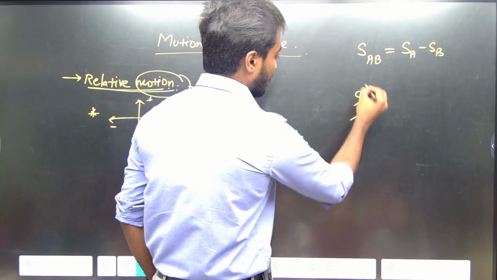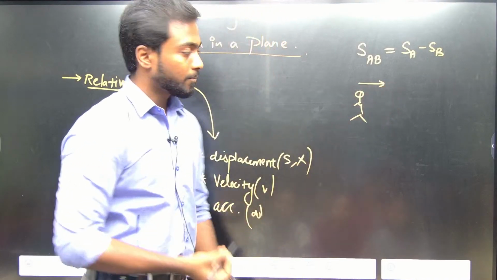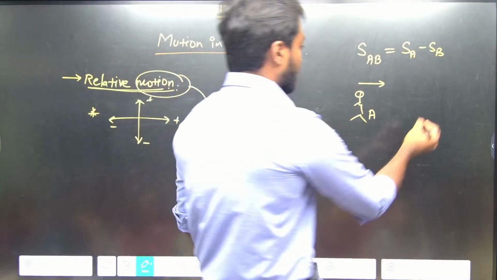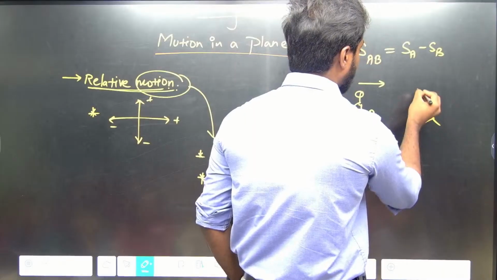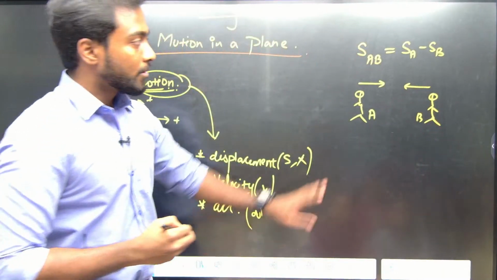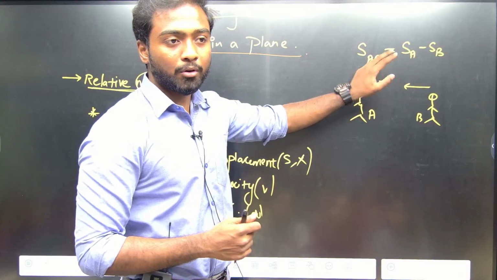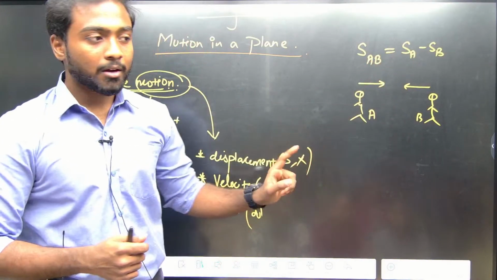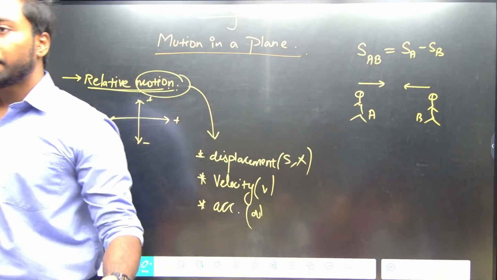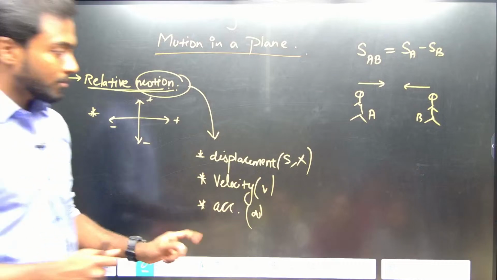But listen here, a person is going in the right direction. Let me consider this person is A, and another person is coming in the left direction, that is B. No need to worry about the formula, write the formula as it is. Now see the direction of A and B. A is positive, B is negative.